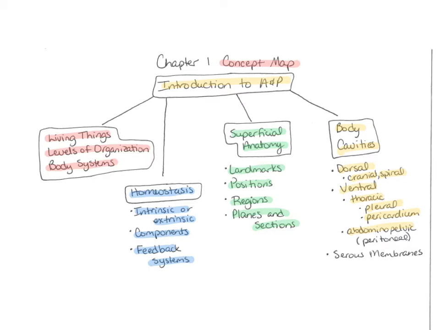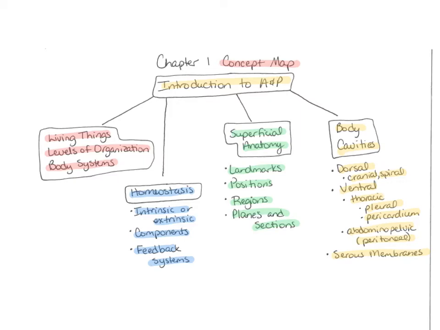A portion of the abdominal cavity and a portion of the pelvic cavity make up the peritoneal cavity. Then we'll look at the serous membranes that surround and protect these cavities and allow movement of the organs inside those cavities to prevent friction.